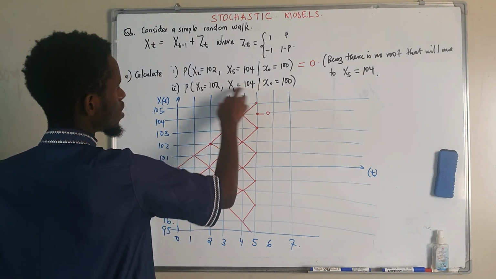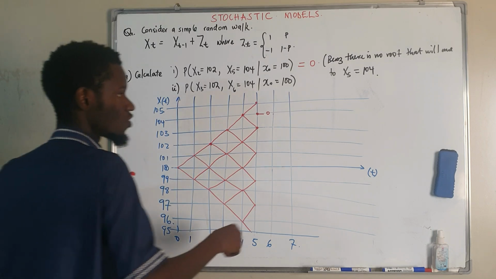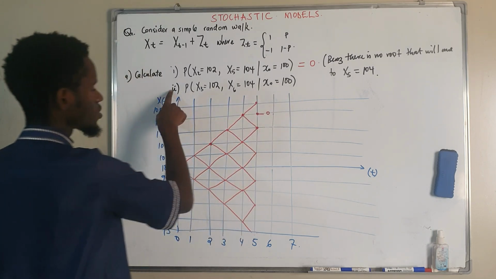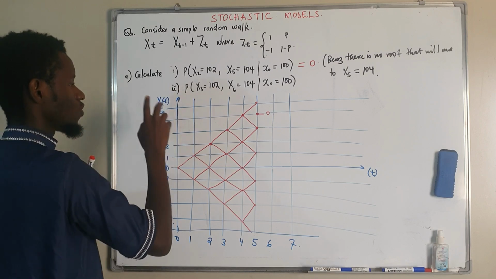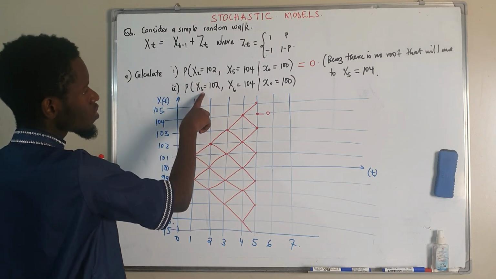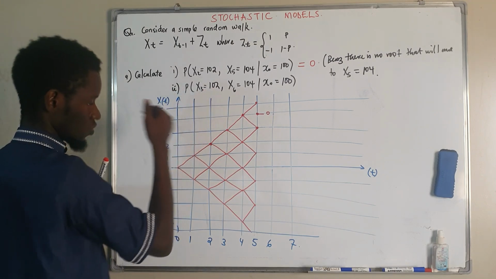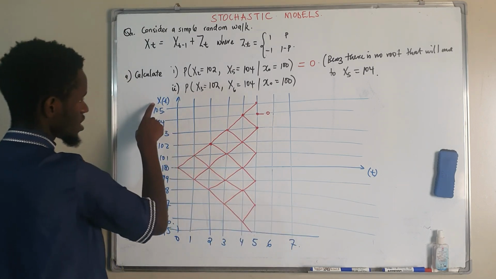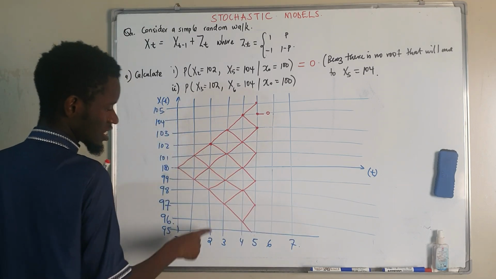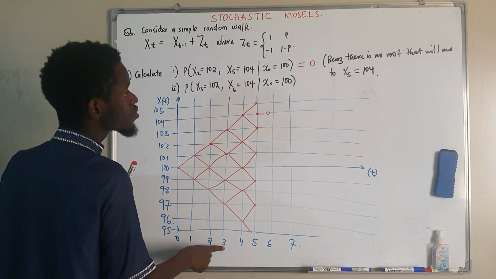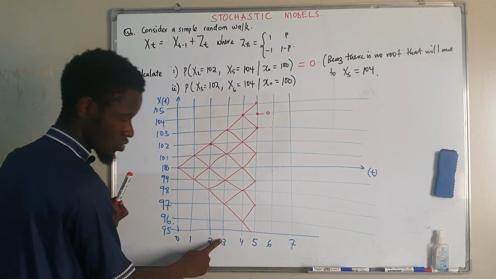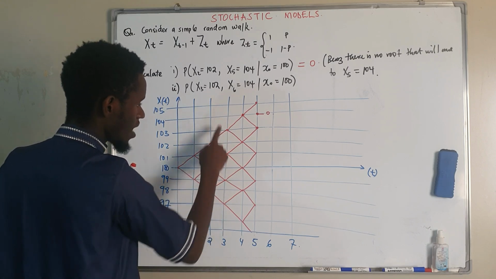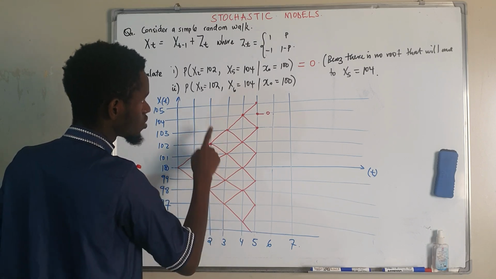Likewise, we can do the same thing for this part. Now for this part, where the difference comes in, part 2. It says that x3 has to be equal to 102. Now if I come to my x3, remember this is my t, this is my xt. Now if x at 3 has to be 102, I come here at x3 and I look up here, I have to have my x3 equal to 102.